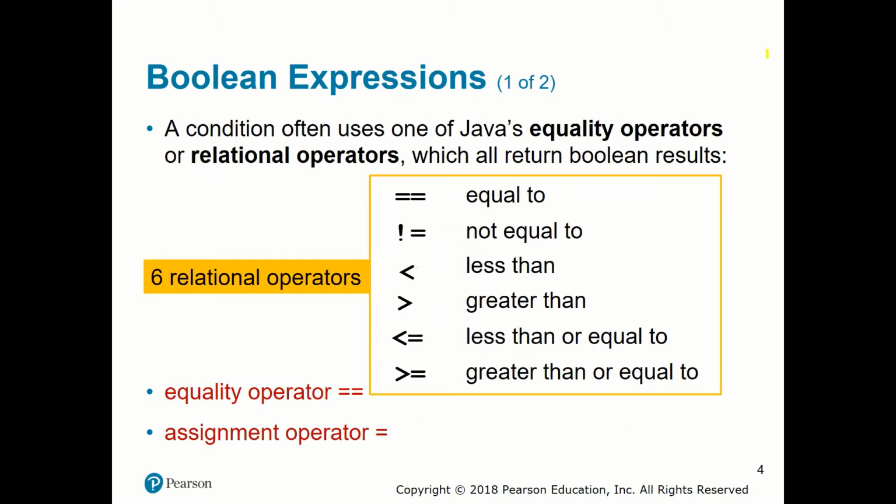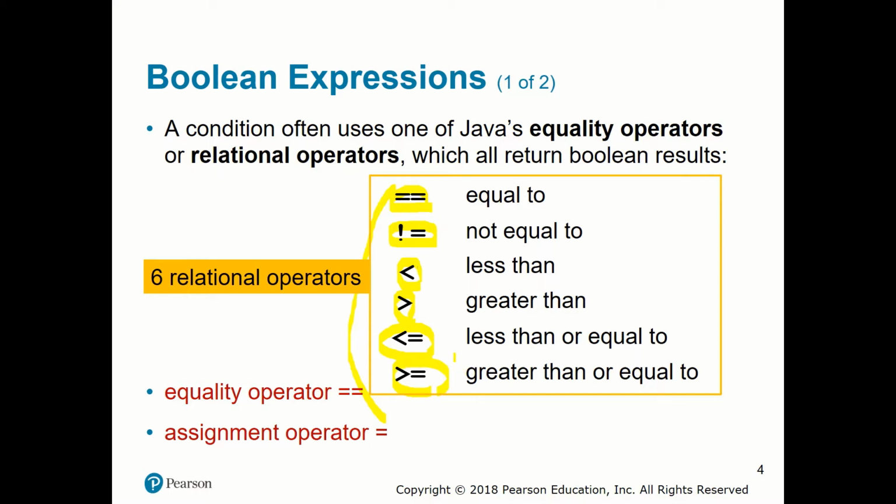A condition often uses one of Java's equality operators or relational operators, which all return Boolean results. Actually, we call all of these relational operators. They are equal to, not equal to, less than, greater than, less than or equal to, greater than or equal to.